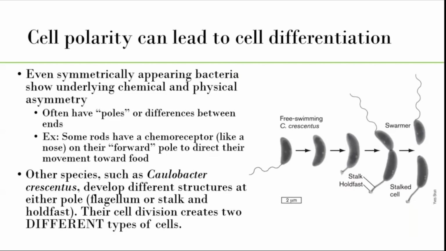So it will often have a chemoreceptor on one side and a tail or flagella on the other. So it can follow its nose and propel itself to wherever the food is. And so different structures happen on different poles for different purposes to help the cell survive its environment better. That's the main point of polarity that I wanted you to get.